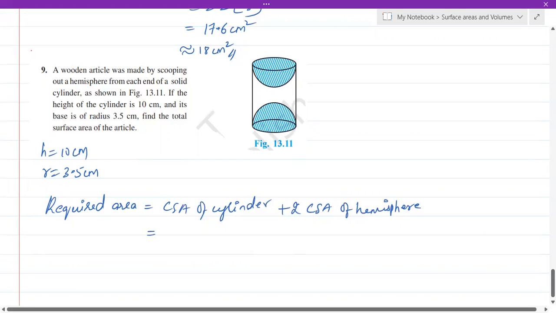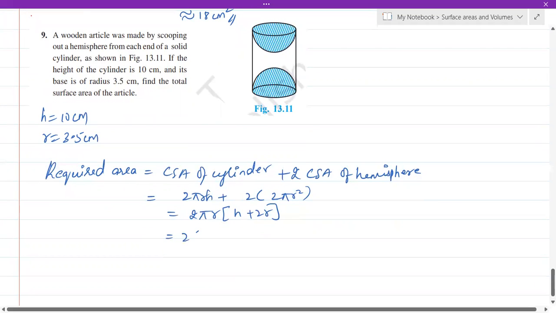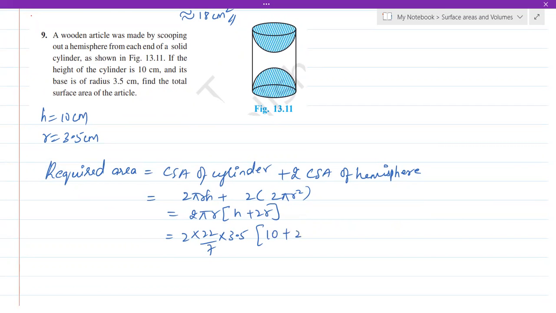Now let's substitute the formula. CSA of cylinder is given by the formula 2 pi rh and 2 times CSA of hemisphere is 2 pi r square. Now here you can take 2 pi r as common, so we'll be left with h plus 2r. So 2 as it is, pi is 22 by 7 and r is 3.5. h is 10 plus 2r, 2 into 3.5.